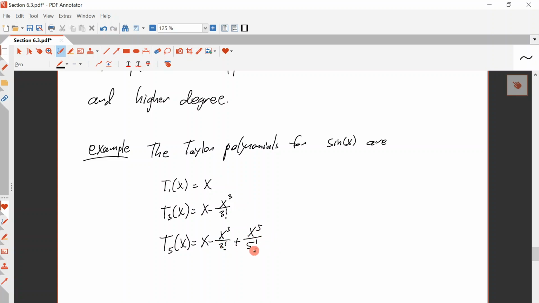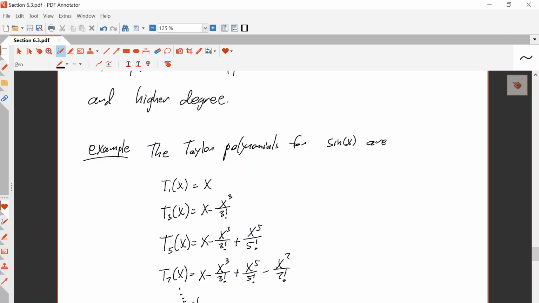Remember, the even ordered terms are always 0, as with the Taylor series for sine and cosine. T7 of x is x minus x to the third over 3 factorial plus x to the fifth over 5 factorial minus x to the seventh over 7 factorial, etc.